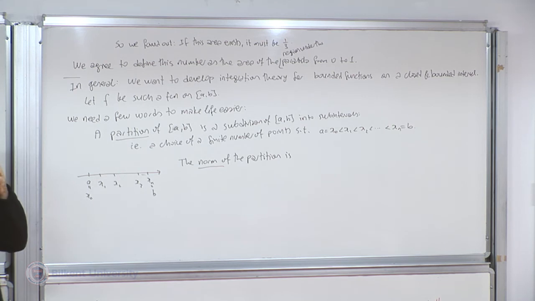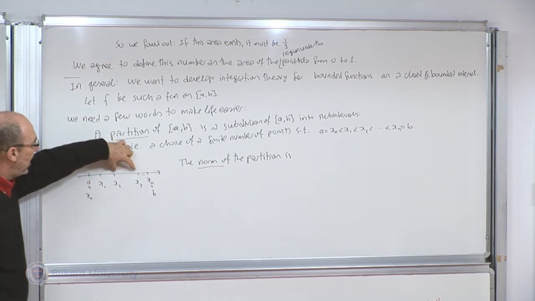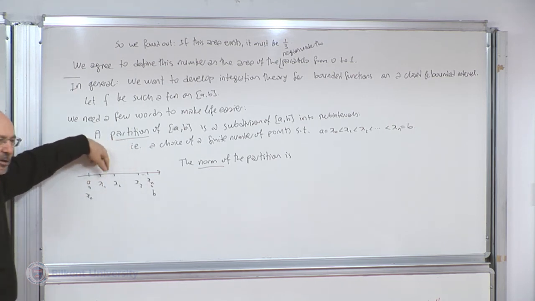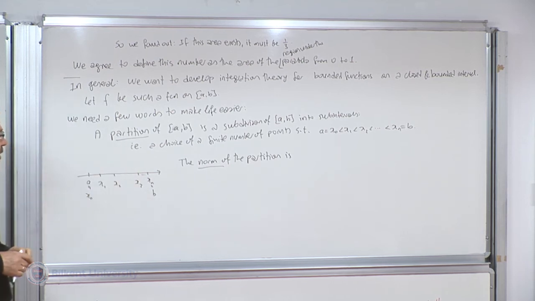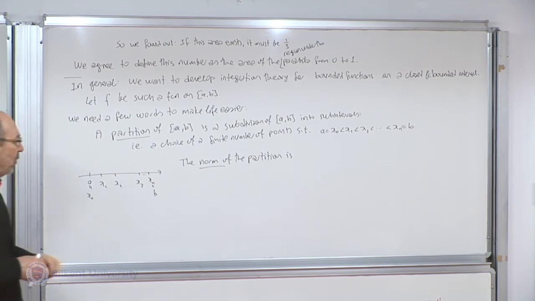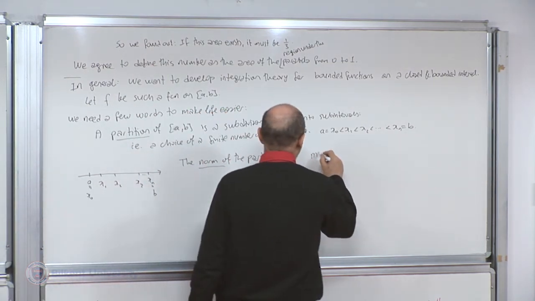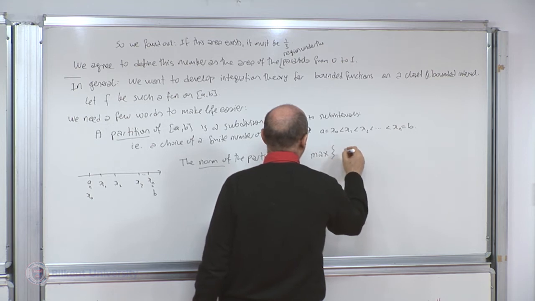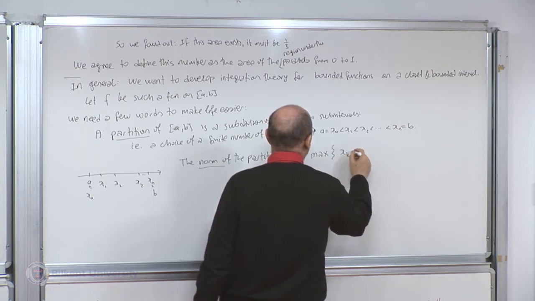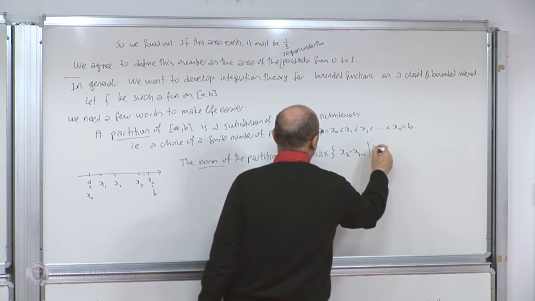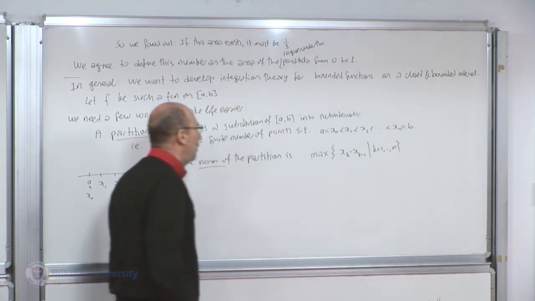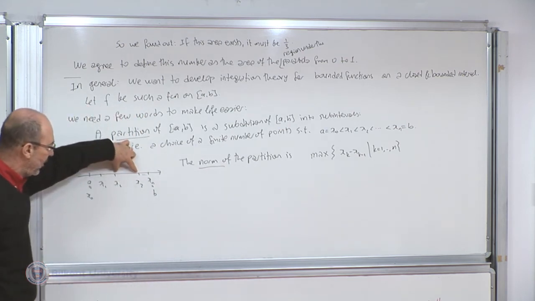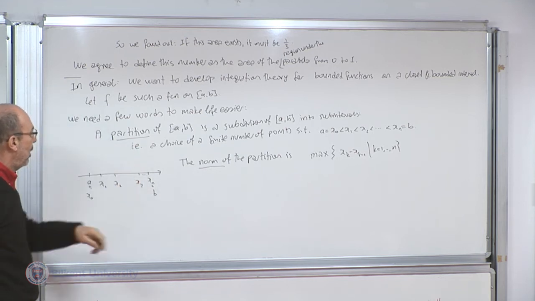So here I want to ensure this. If I say the largest one goes to 0, then the others will also go to 0. That's why I want the norm to be the length of the largest subinterval. It is the maximum of the length xk minus xk minus 1, where k is from 1 to n. So in this case, the norm is this one. This one turns out to be the largest one.